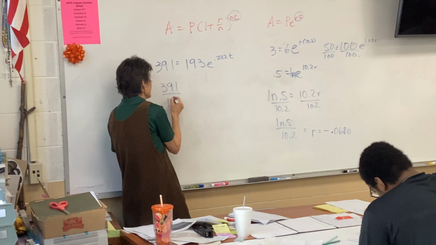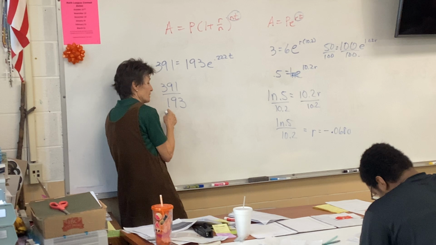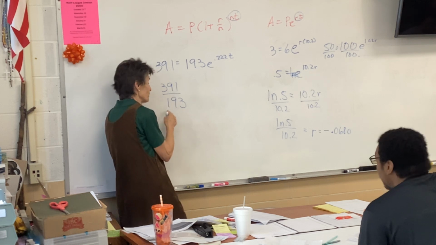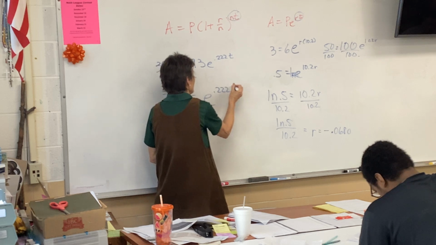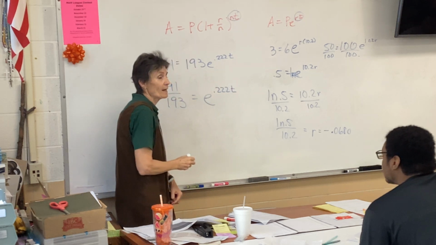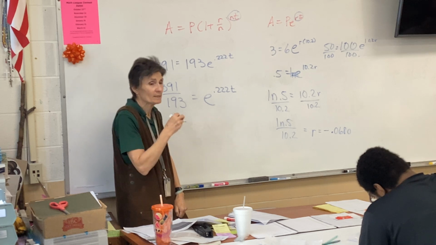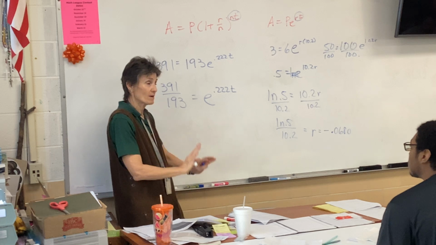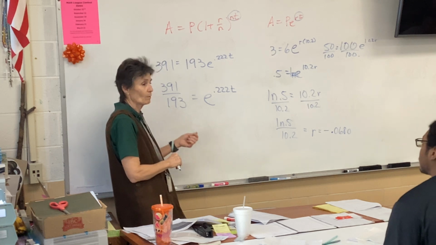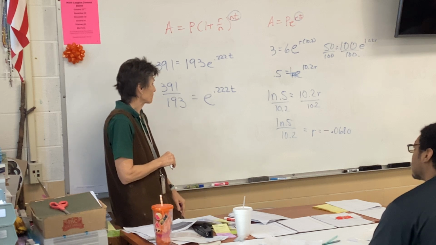Now, here's a situation where it isn't smart to actually get a decimal here. Just leave it alone. Because it doesn't go in evenly, you would have to round off, and then your answer is going to be off, and I'm going to take off points. We don't want to round off till the very end. It's not an issue. We're going to type it in a second.